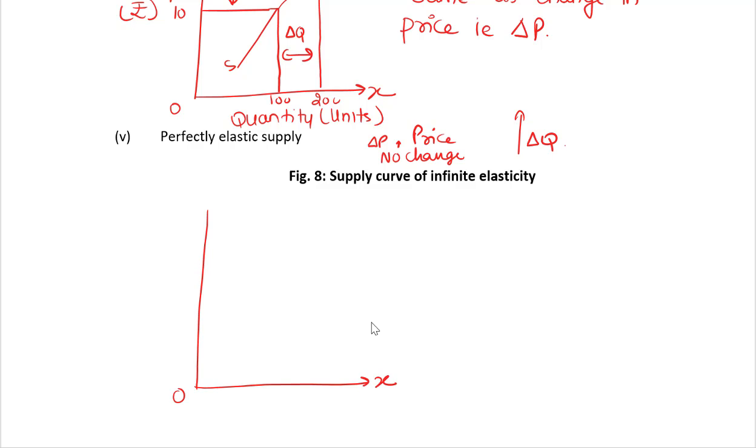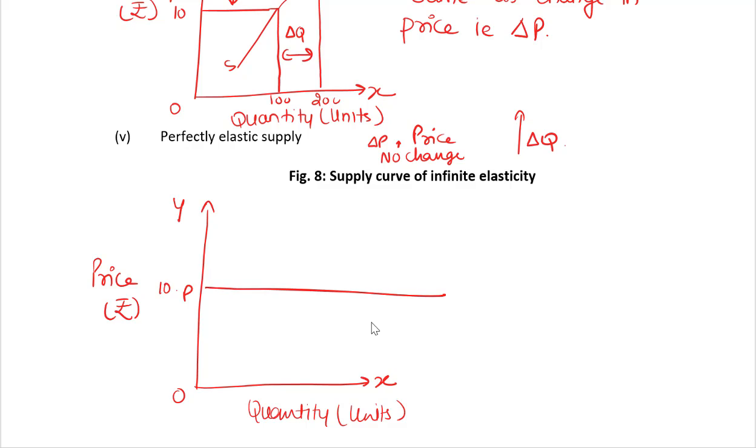X origin, Y. We are plotting price on the y-axis and quantity on the x-axis, that is in units. This is price. Price is 10. This is supply: 100, 200, 300.